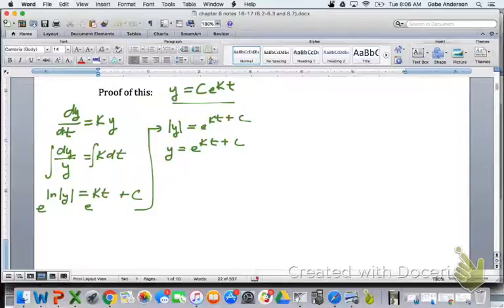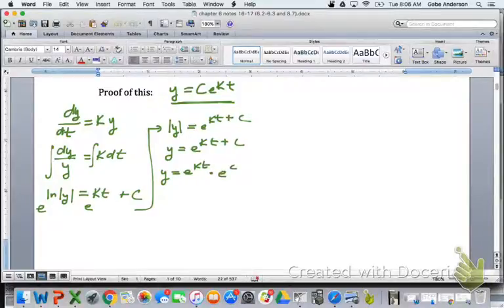Okay, so we have solved for y, so we do have a general solution, but we don't have this general solution up here. So just a little bit of algebra is what we need to do to handle this. Please remember that whenever you are adding exponents, you are really multiplying your bases. And so we could rewrite this to be y equals e to the kt times e to the c.